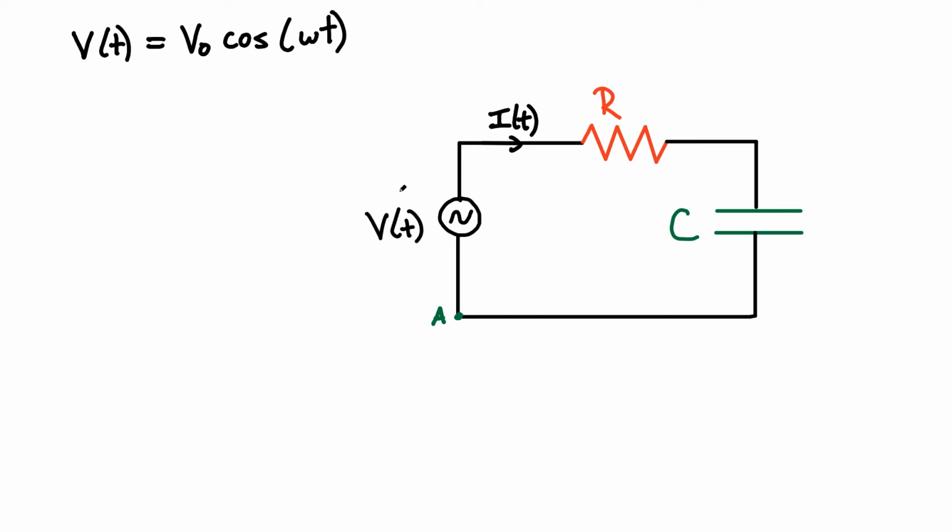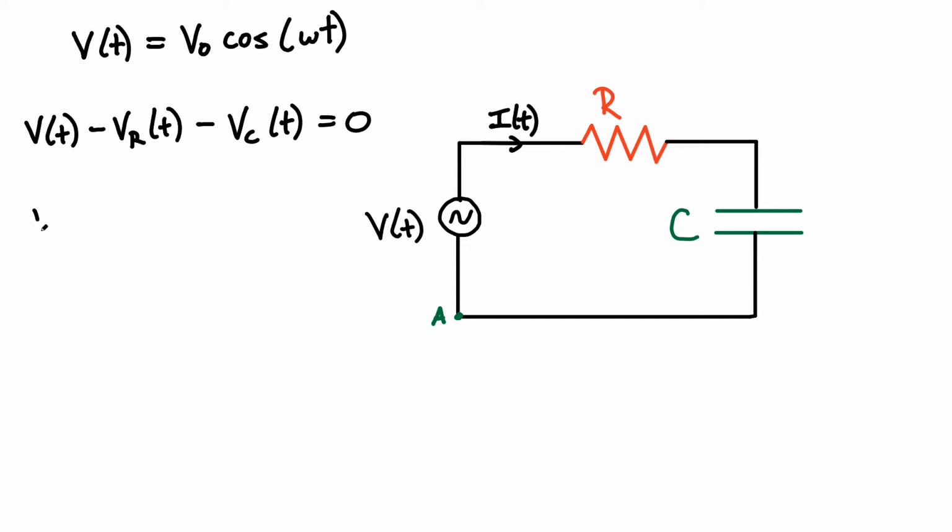So the first thing I encounter is the voltage across that power supply. The next thing I encounter is a resistor. There's a voltage drop across that resistor. We'll call it VR, and again, that's going to be a time-dependent function. There's also going to be a voltage drop across that capacitor, Vc of t. Again, I come back to where I started, and this equals 0.